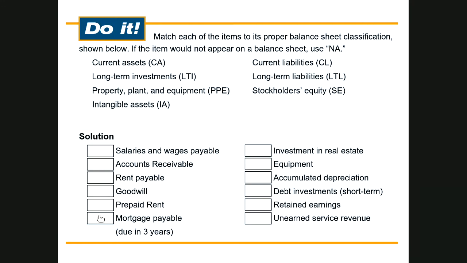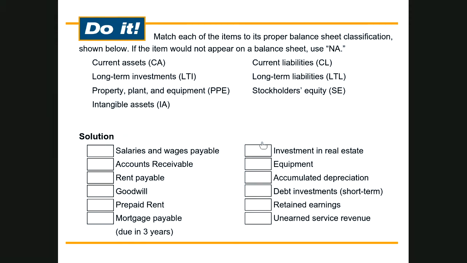Miss Safia, where would you put mortgage payable due in 3 years? Maybe long-term investment. No. Long term? Long term what? Your long term part is correct. Liability. Liabilities, very good. Long-term liabilities, excellent.